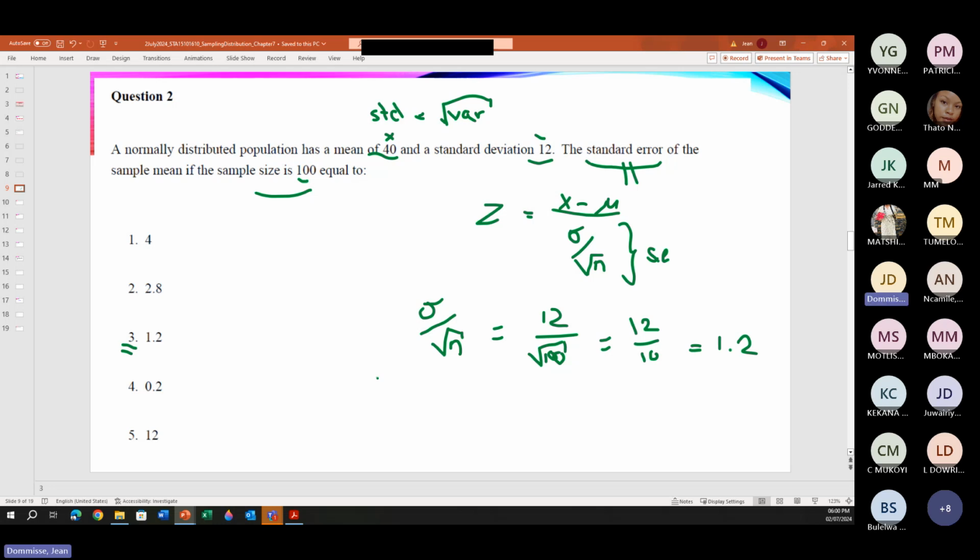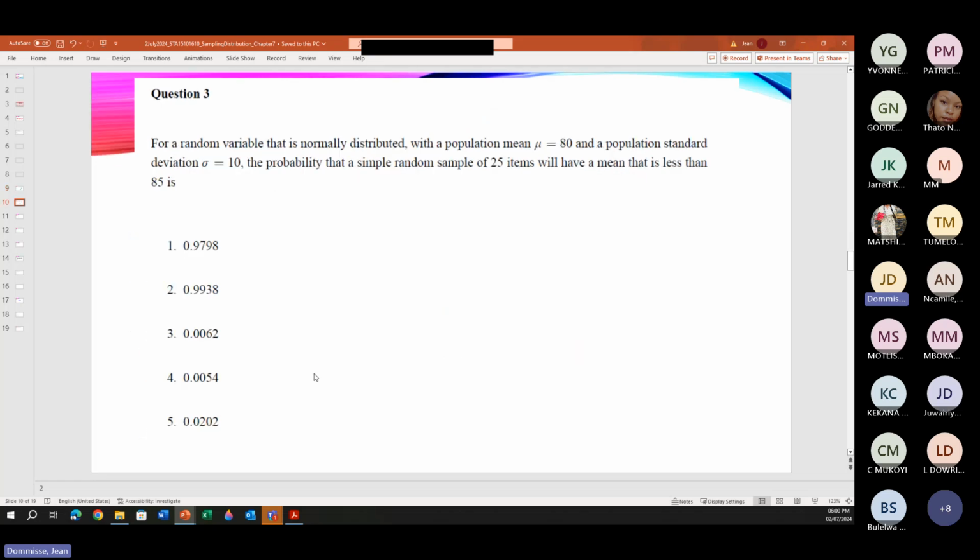Okay, so let's go into the next one. So a bit different to the previous one. If you look at this one, the big difference is now they're using words.